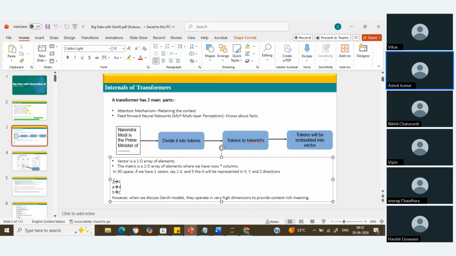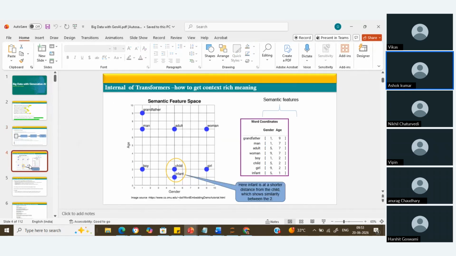So this is the three-dimensional, or 3D, space. We are talking about 3 dimensions only, and we are able to visualize them. But if we have, say, 4 dimensions, we will have a detailed discussion. So with the help of vectors, information is represented in multi-dimensional arrays.